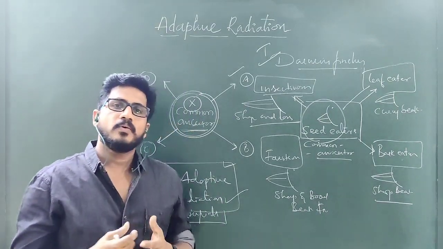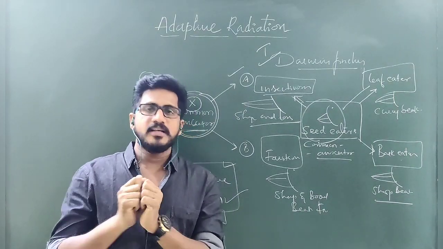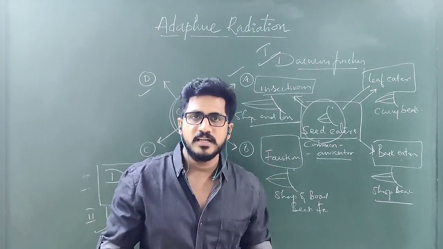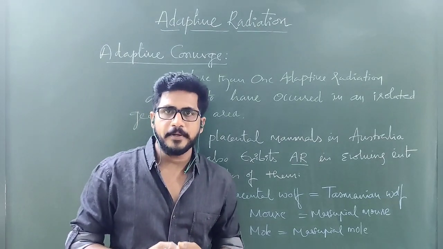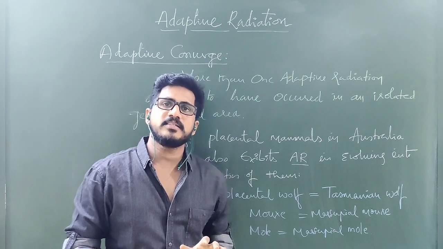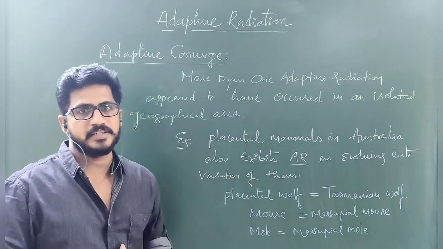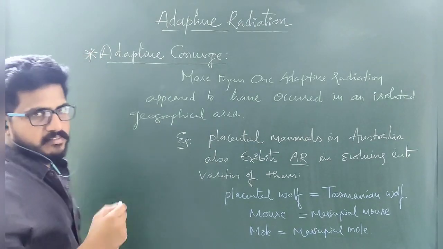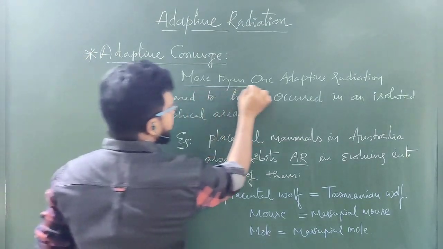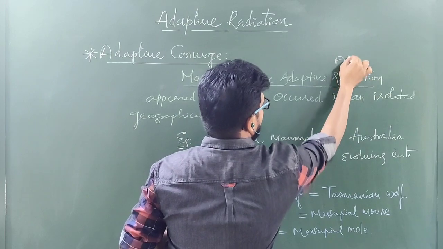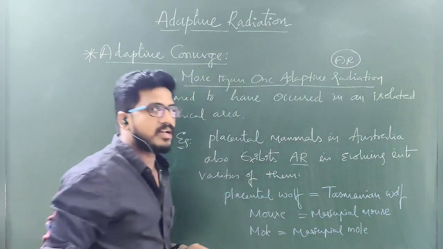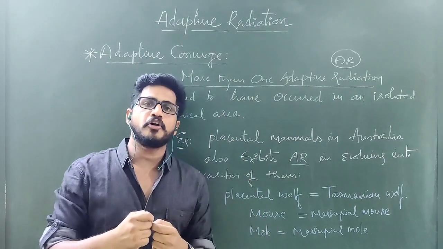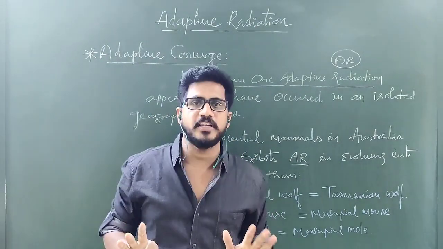Then let us see what adaptive convergent evolution, or convergent radiation, is. Apart from adaptive divergent radiation, there is adaptive convergent radiation. Adaptive radiation is AR for short. In divergent evolution, one adaptive radiation takes place in the same geographical area without any isolation.